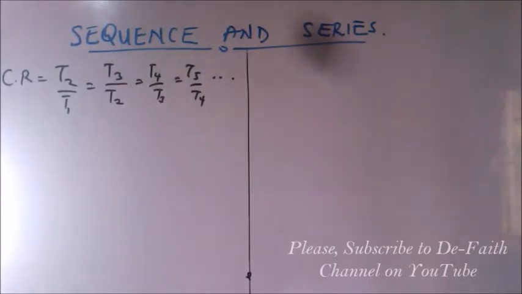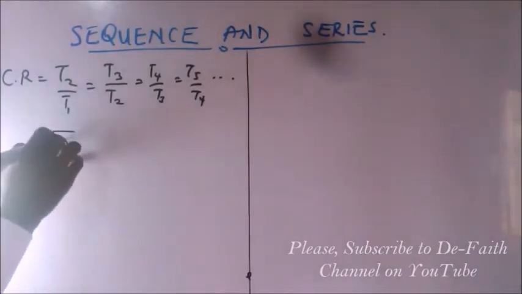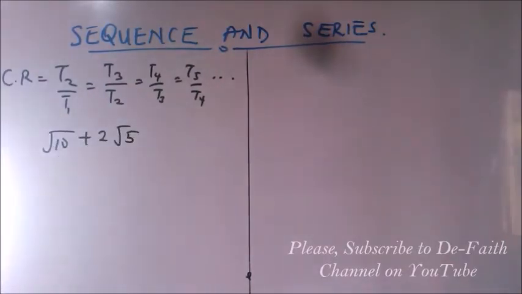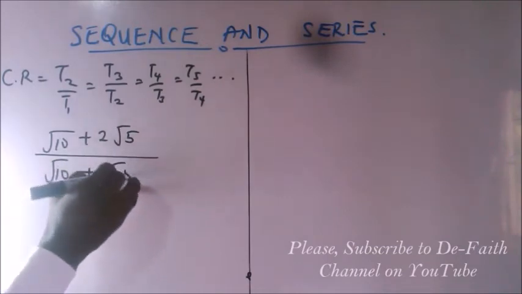Now, in this question, we have our second term, T2, to be root 10 plus 2 root 5 over our first term, which is root 10 plus root 5.